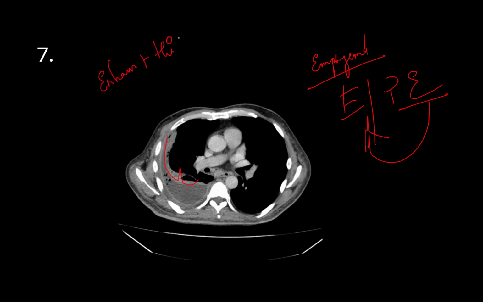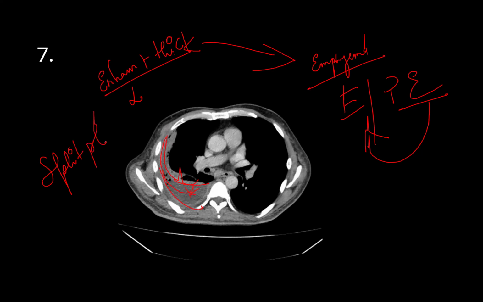These are the words which should be there when we use the word empyema. Enhancement plus thickening plus lentiform. And what is the sign? Because of this thickening and enhancement, it will split the pleura. This is the collection which is loculated, and it will split. Hence, it is called the split pleura sign.